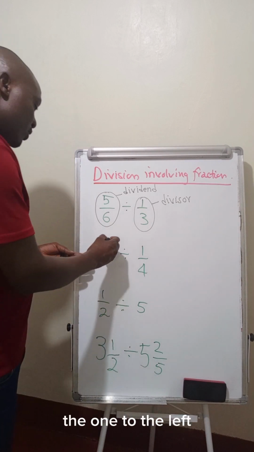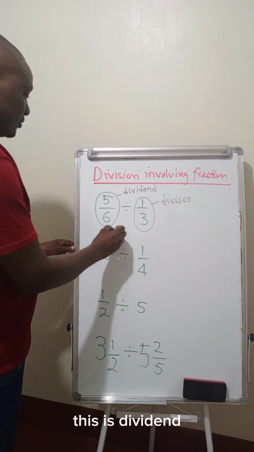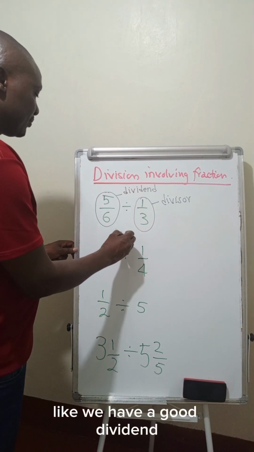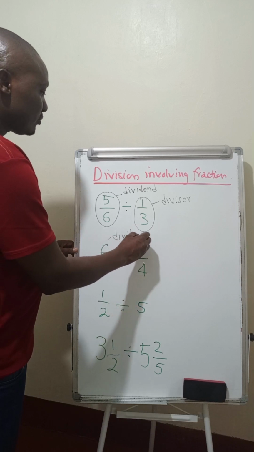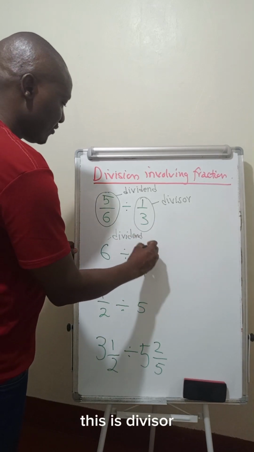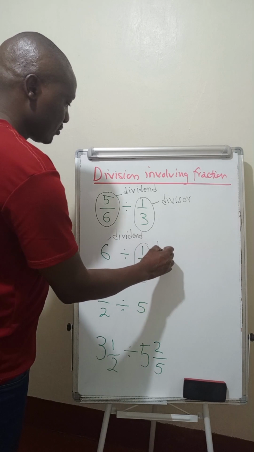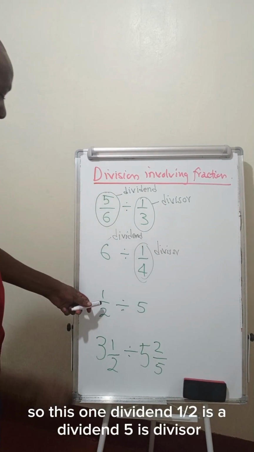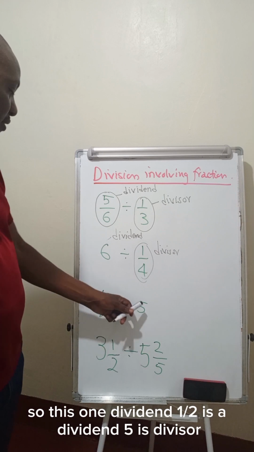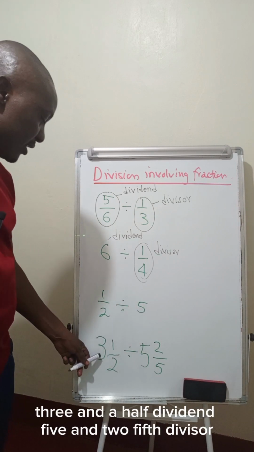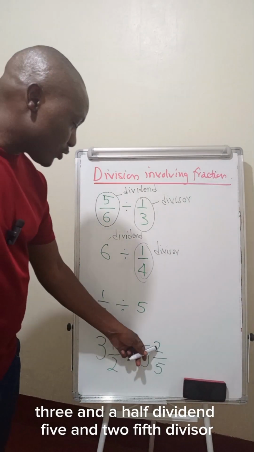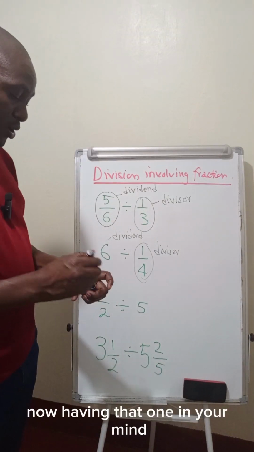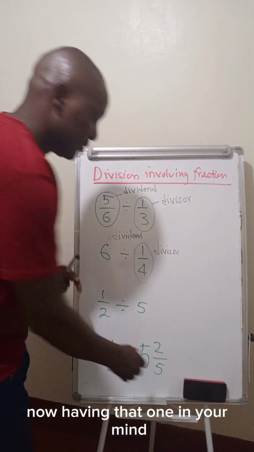This one on the left is the dividend, and this is the divisor. So a half is a dividend, 5 is the divisor. 3.5 is the dividend, 5 and 2/5 is the divisor.